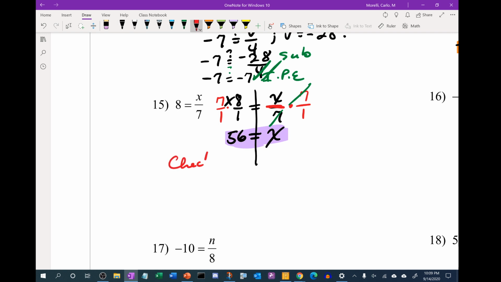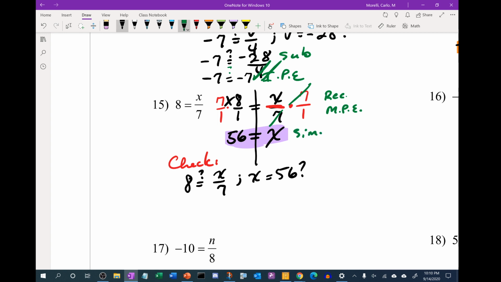Here's my check. The question is, ladies and gentlemen, does 8 equal x divided by 7 for where x equals 56? Okay, let's substitute and find out. I got to justify everything here. This was the reciprocal, and then the multiplication property of equality, and then this was simplification.